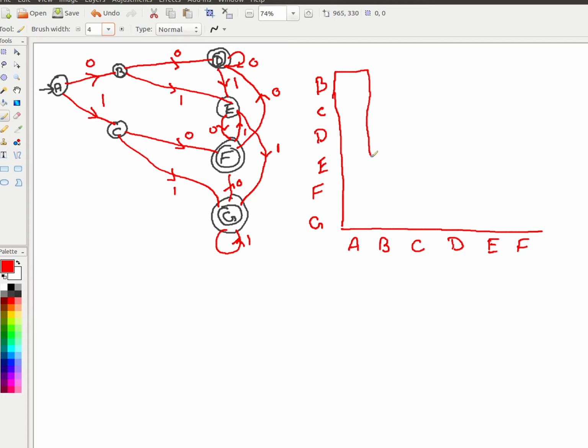The lines are not coming out really nice, but that's okay.